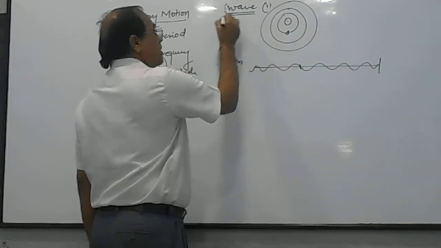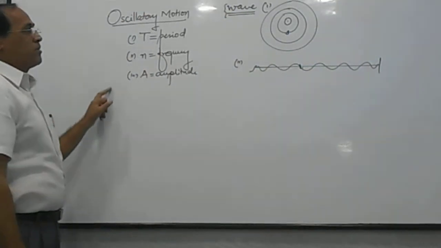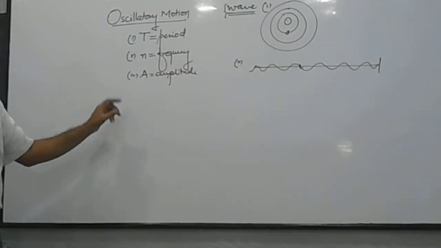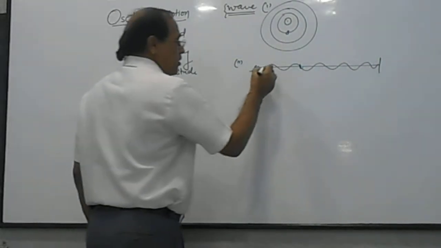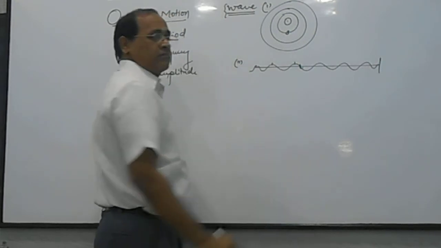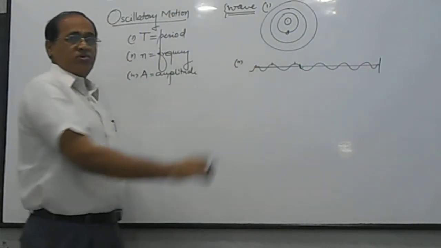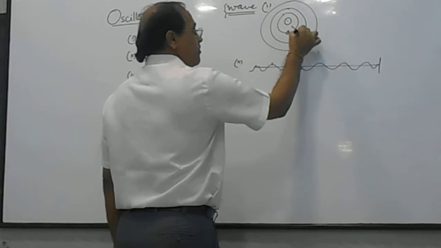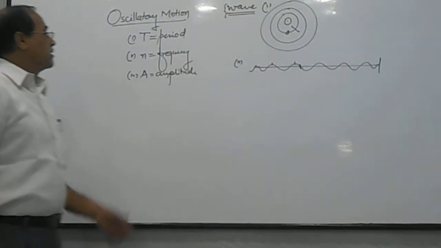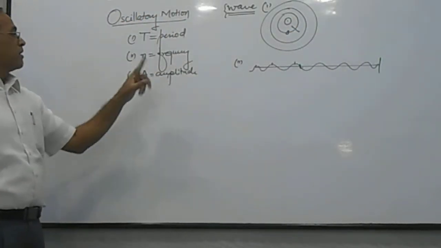This wave motion will have these type of characteristics again. For every wave there will be a period. The time required to go from here to here, from same phase of position, or from here to here, same phase. That time is called as a period.